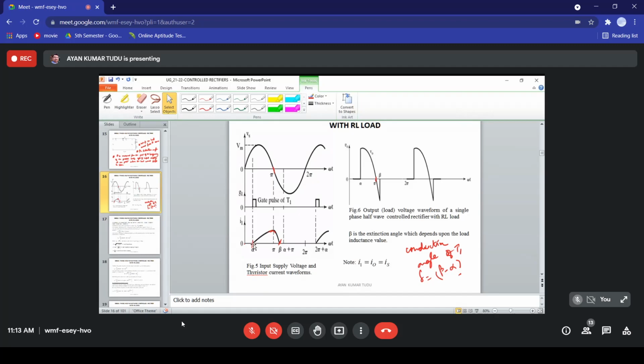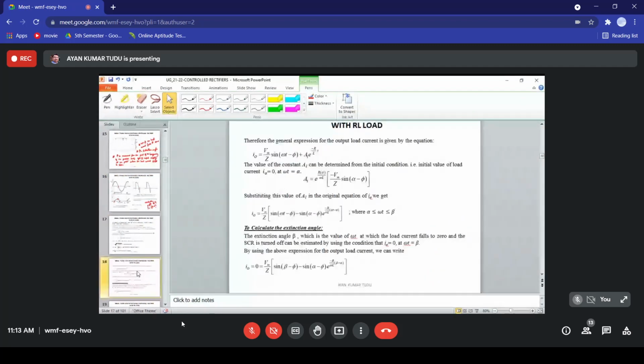If we put that initial value of the load current, I0 equal to 0 at omega t equal to alpha, then we can find the expression for our constant A1. As you can see, this is the expression that we are getting.